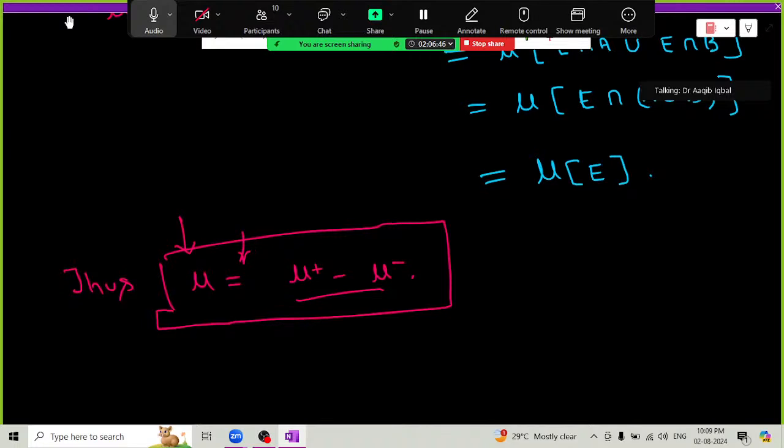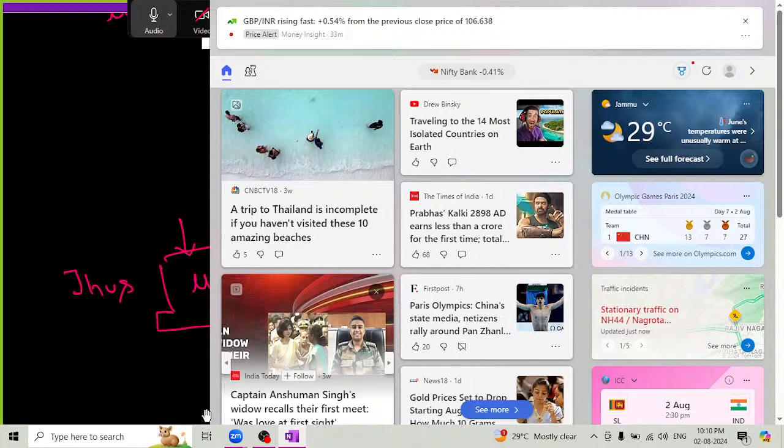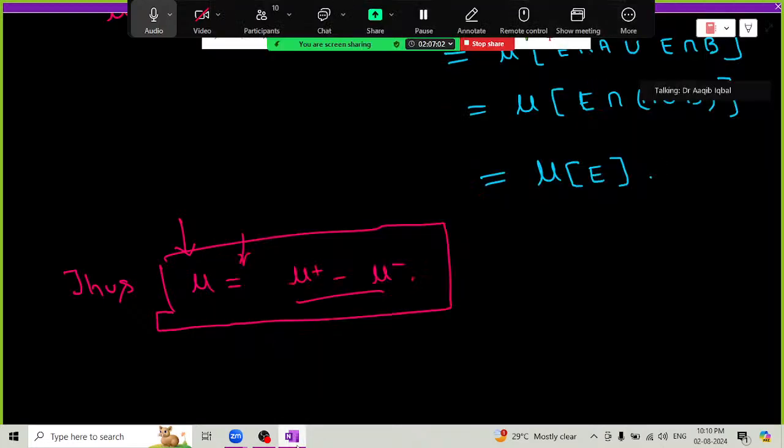So the moral of the story is every signed measure can be written as difference of measures where one of them is finite. This is the converse of that remark जो मैंने कल आपके साथ डिस्कस करी थी. कल मैंने आपको बताया था difference of two measures where one of them is finite is a signed measure. इसका converse भी true होता है.